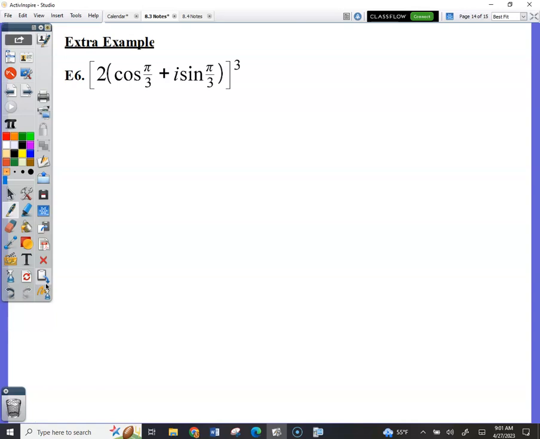So let me walk you through it. It's already in trig form. We don't have to find the trig format. And now we can go ahead and apply the formula. So the formula is the coefficient in front, r, to the power, parentheses, cosine, and then the power times theta.